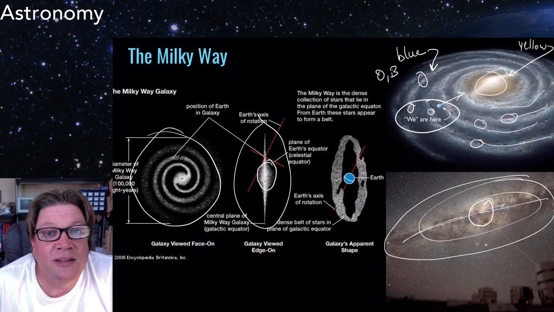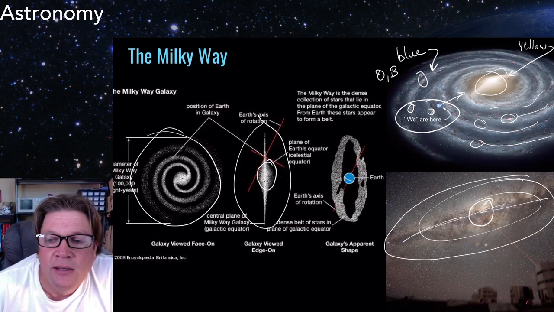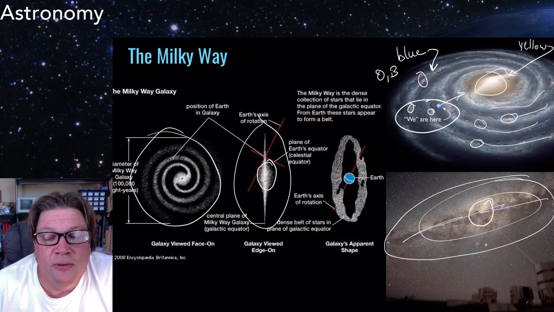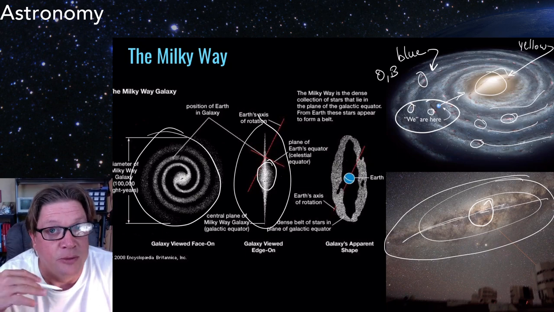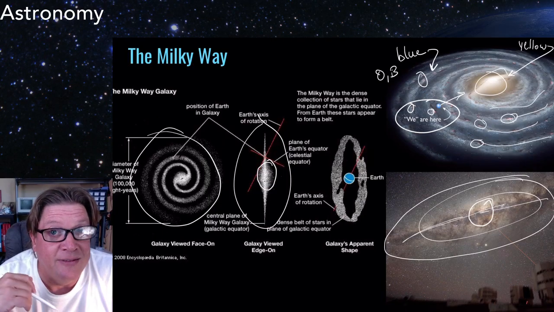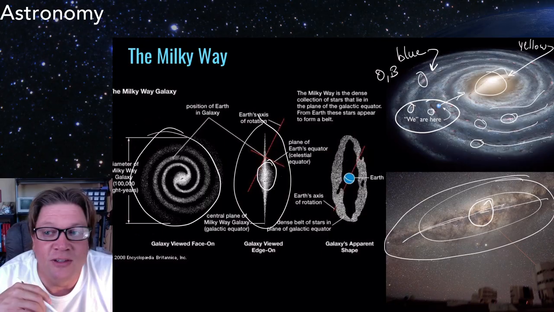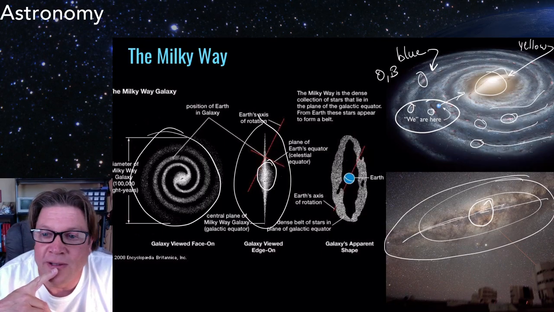The O's and B's have died out. So usually those are not regions of active star formation. So when you look at lots of pictures of spirals, they'll all have the same pattern. Spiral arms are blue, active star formation happening, and then the nucleus of the galaxy is going to be yellow.